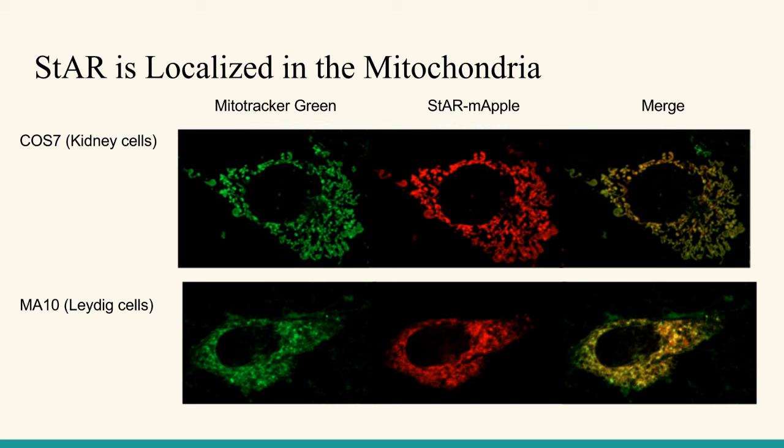They don't naturally express STAR, so you have to put it in the cell. You're not putting it in the mitochondria, you're putting it in the cell, and then the cell does whatever it does to get STAR there. I think the question is, are you genetically modifying the kidney cell to express STAR, or are you literally putting STAR protein into the cell? Most likely you're genetically modifying it. Is that the question? Yeah.